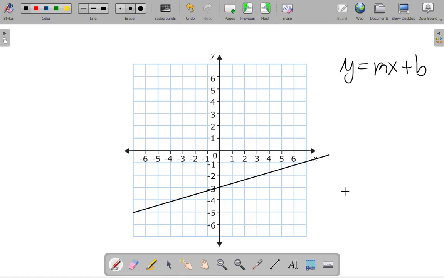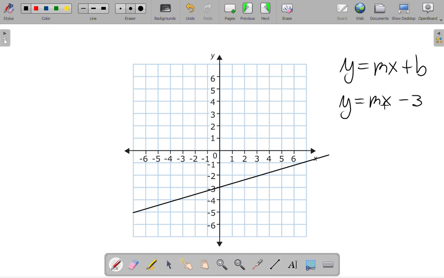All right, let's do the easy one first. B. B is the y-intercept, so where does it cross the y-axis? -3, so that means that number there is going to be -3. All right, that's always the easy one.